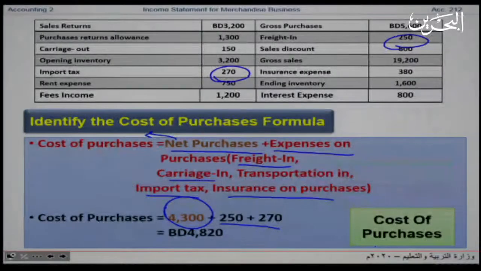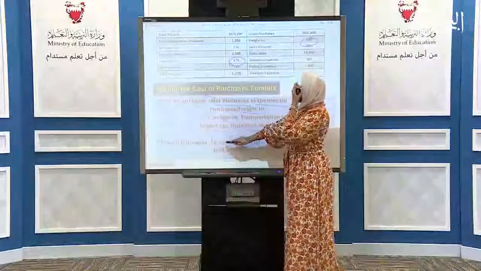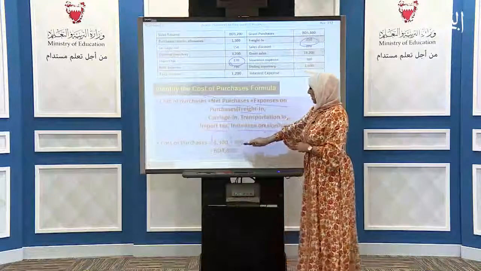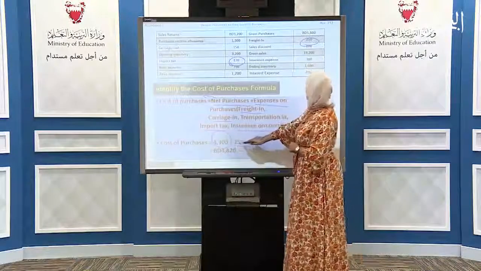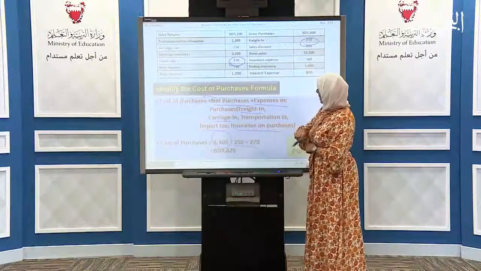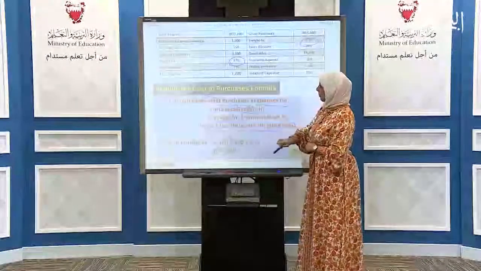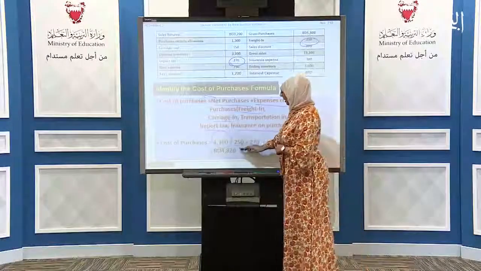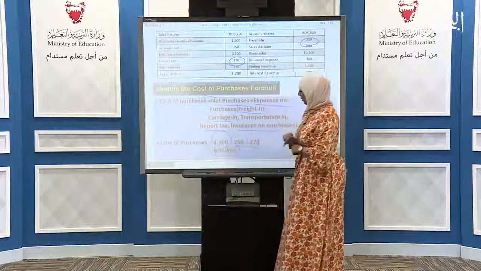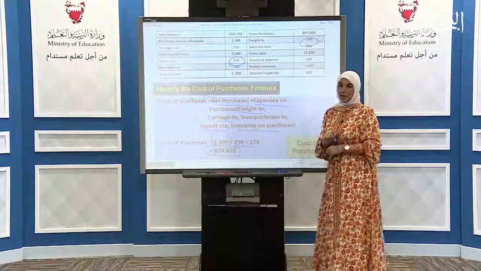So I apply 4,300 for the net purchase and add it with 250 for the freight in and 270 for the import tax, and get the cost of purchase for Abdullah Company.